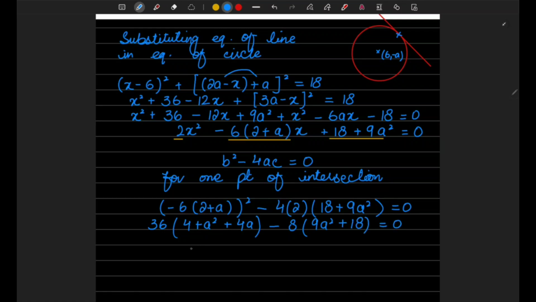This will give you 36a squared plus 36 times 4 is 144a plus 144, minus 8 times 9 is 72a squared, and 8 times 18 is again minus 144.